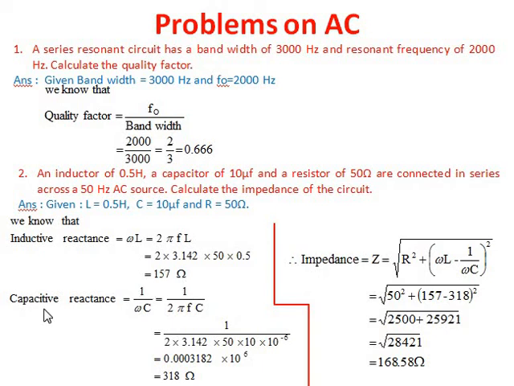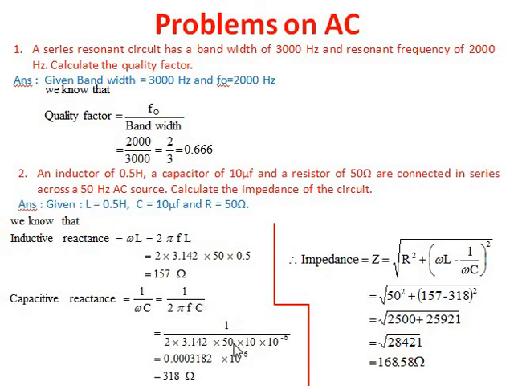Similarly, capacitive reactance is equal to 1 by omega C, that is equal to 1 by 2 pi f into C. Substitute the values. Here C is given as 10 microfarad, so micro in the sense 10 raised to minus 6. We take here 10 into 10 raised to minus 6, 3.142 as pi value, and f is given 50 Hz.